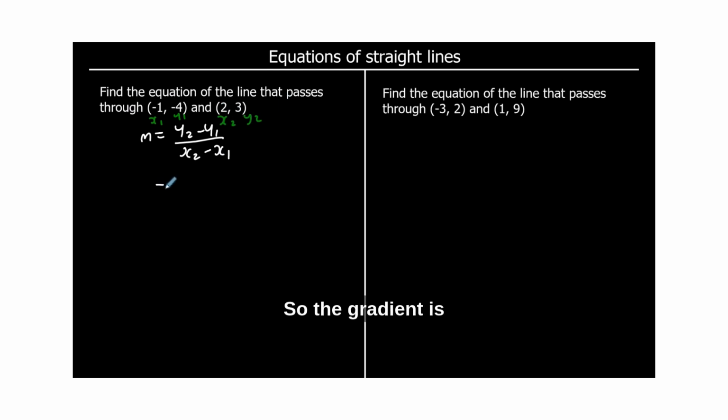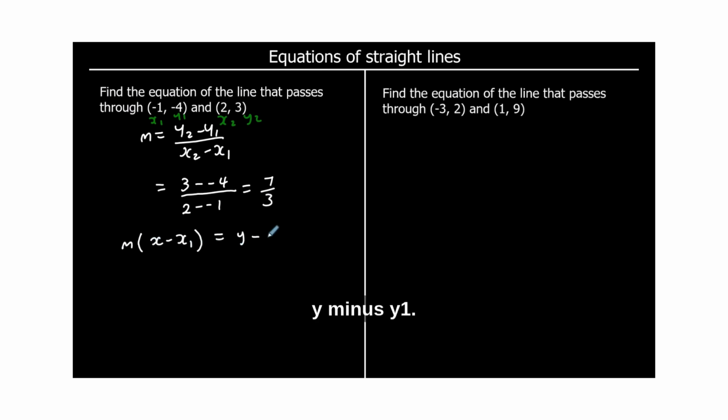So the gradient is 3 take away -4 over 2 take away -1. That's 7/3.